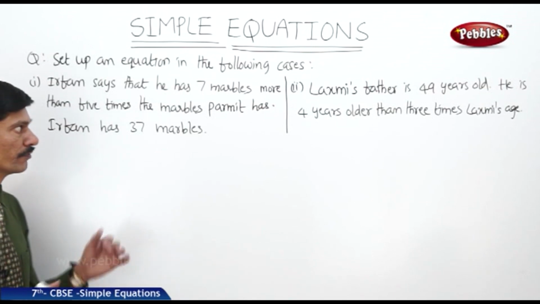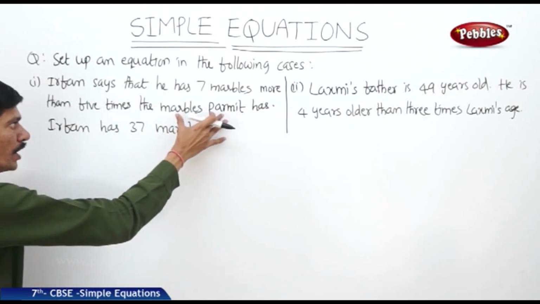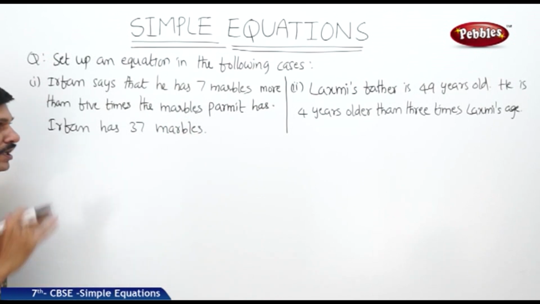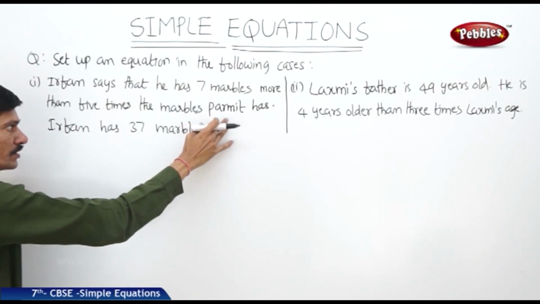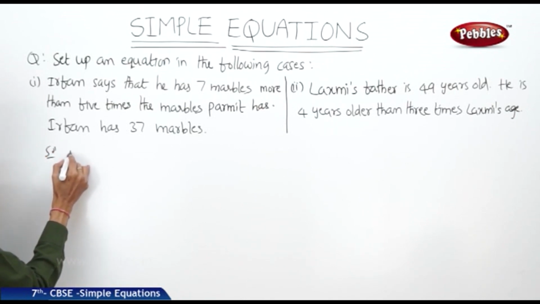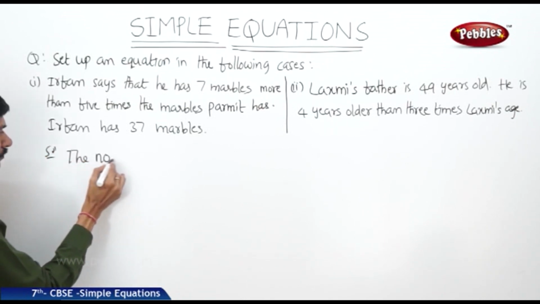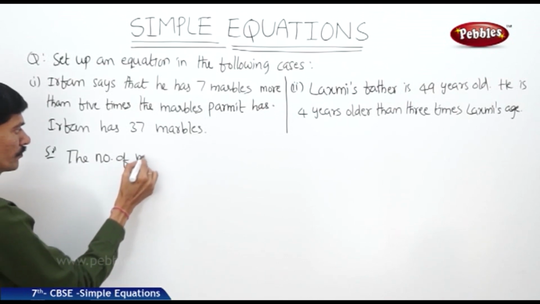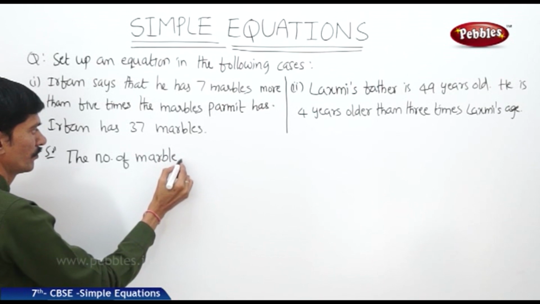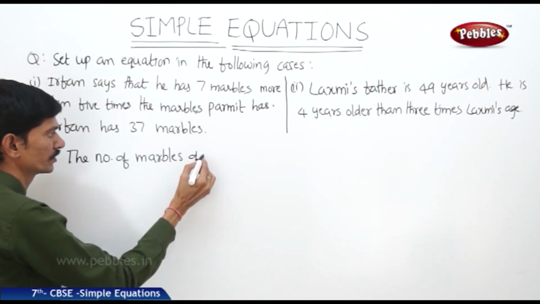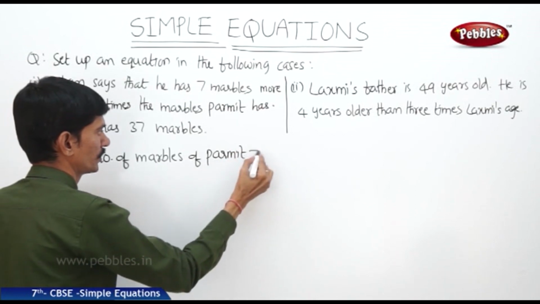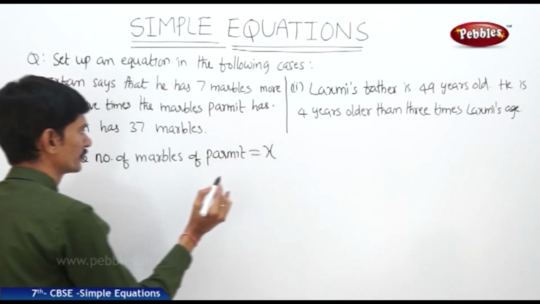Now reading this statement, we should set up an equation. So first, we don't know how many marbles Parmit has. So first, let the number of marbles Parmit has be x. The number of marbles of Parmit equals x.